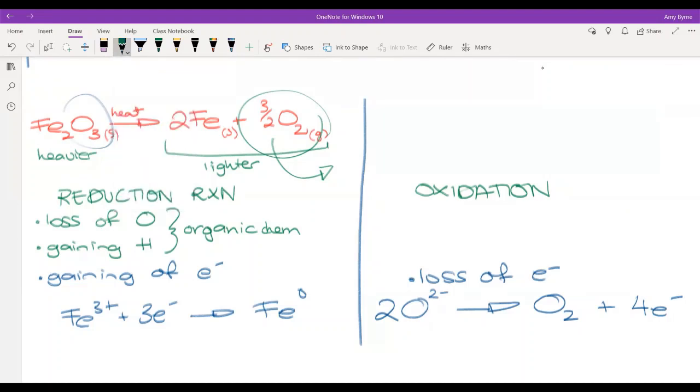Oxidation can also be defined as, surprise, surprise, the gain of oxygen or the loss of hydrogen. And again, that is mostly useful in organic chem.